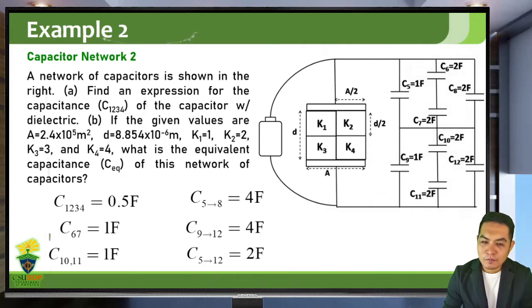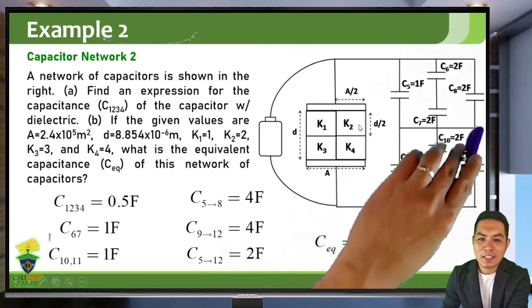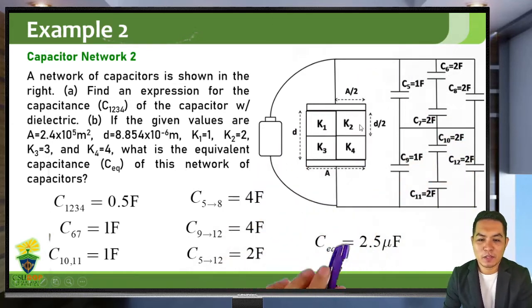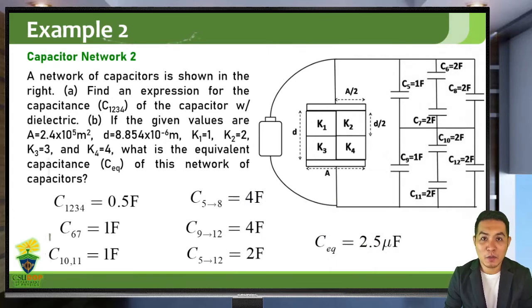So just add the 2 because it's a parallel connection. So 2 plus 0.5, you will get the final equivalent capacitor of this network is 2.5 microfarads.